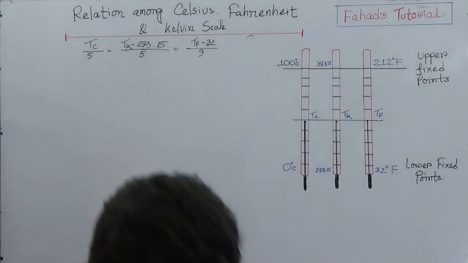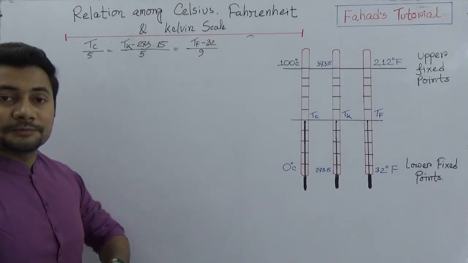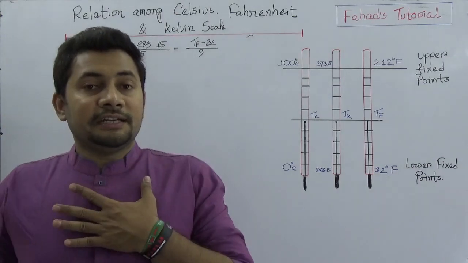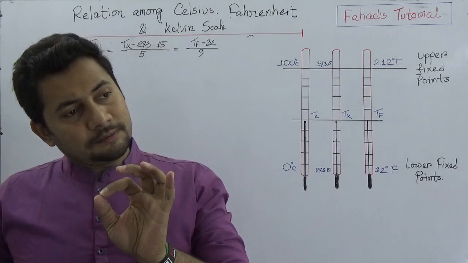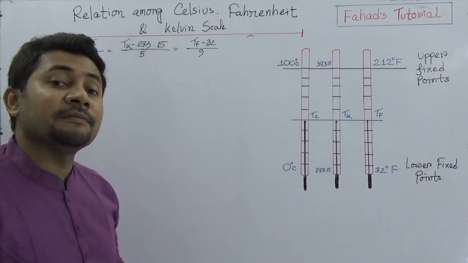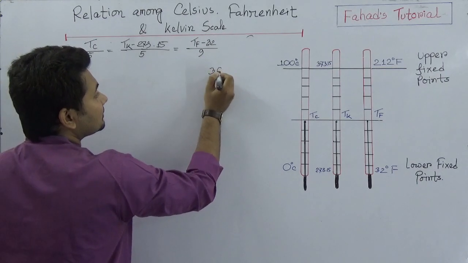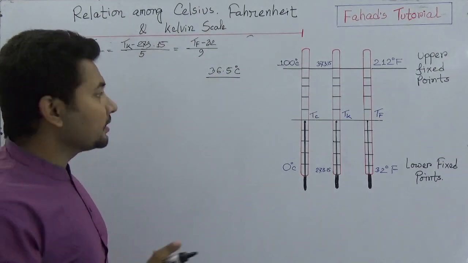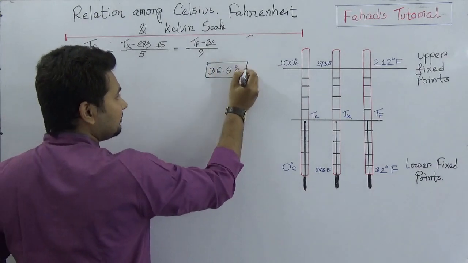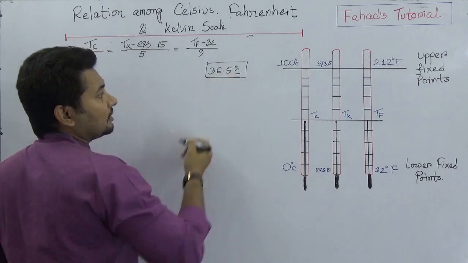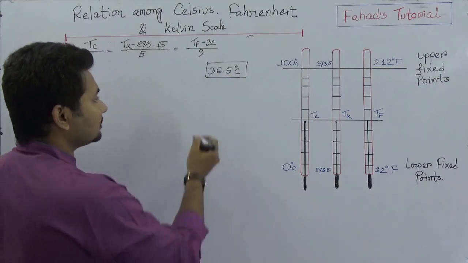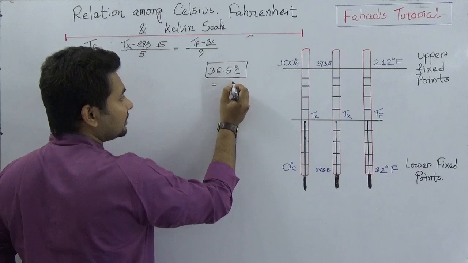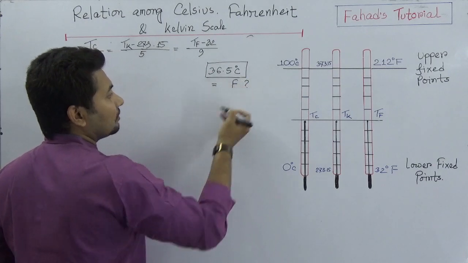Suppose the body temperature of a human body is 36.5 degrees Celsius. If the question is what this temperature is equivalent to in degrees Fahrenheit.